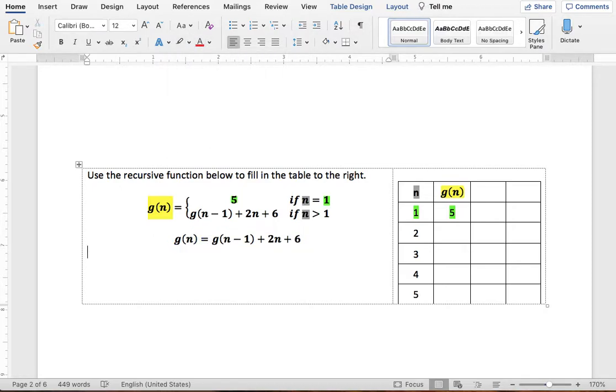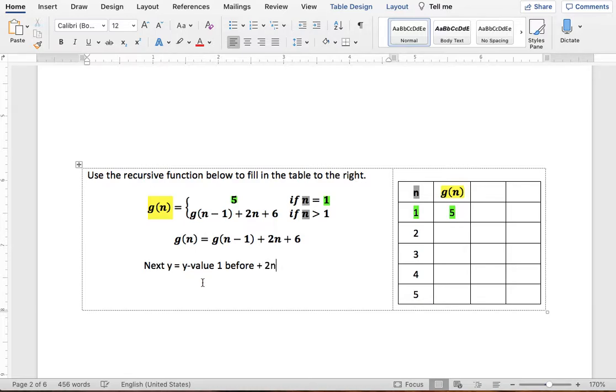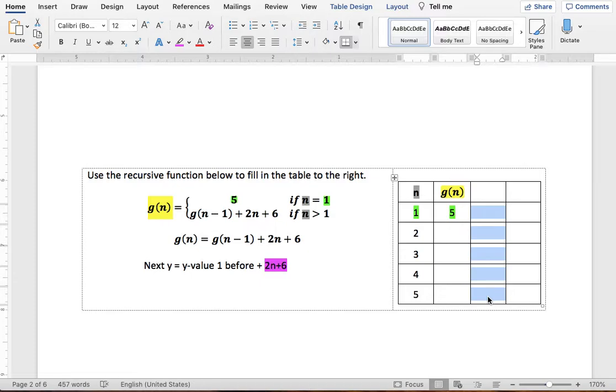Okay. So our next y is equal to our y value 1 before plus this 2n plus 6. 2n plus 6 is just matching this column right here.